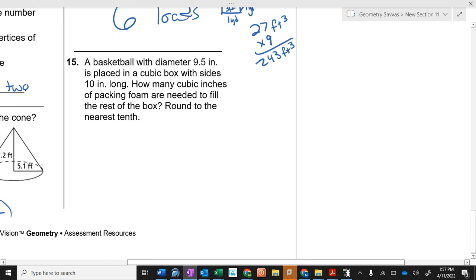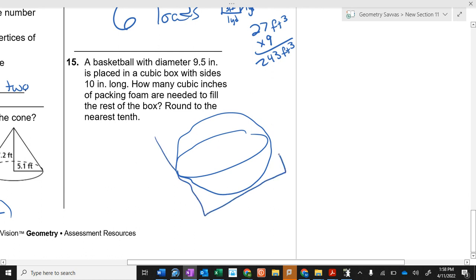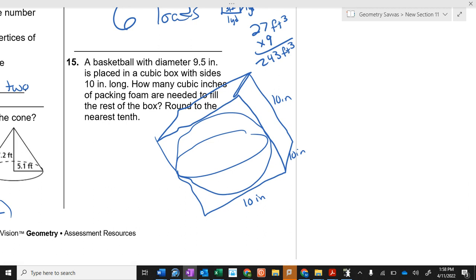Last one. Basketball with a diameter of 9.5 inches is placed in a box with size of 10 inches long. How many cubic inches of packing foam are needed to fill the rest of the box if we fill them around the ball?